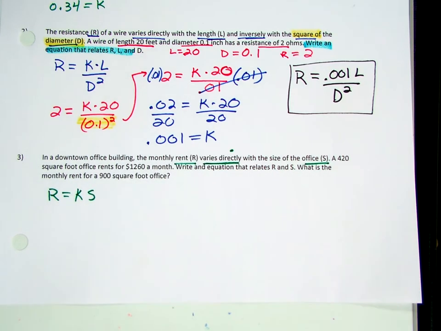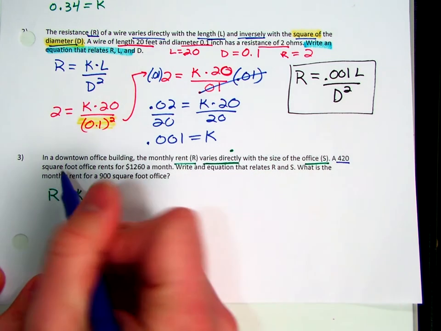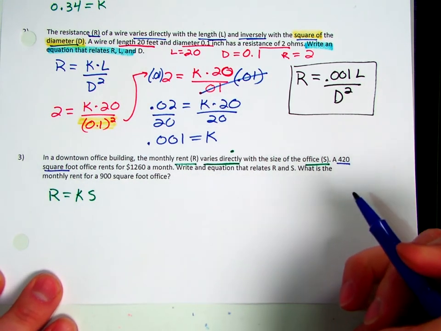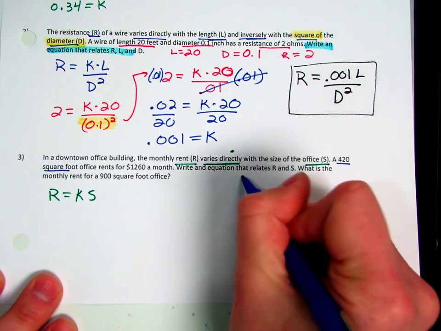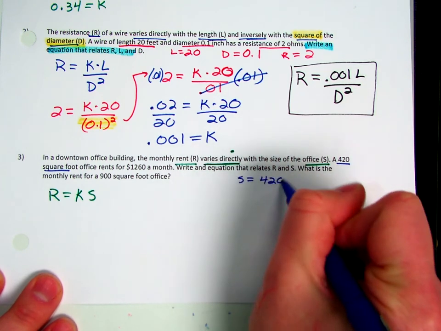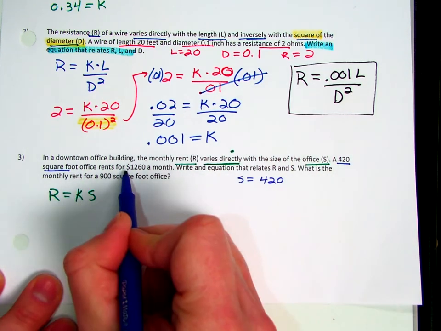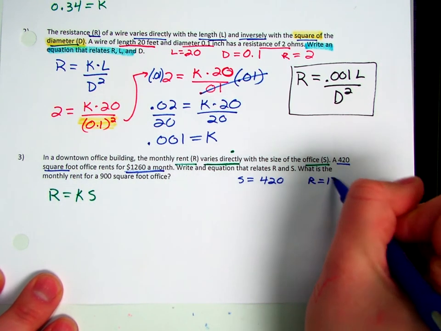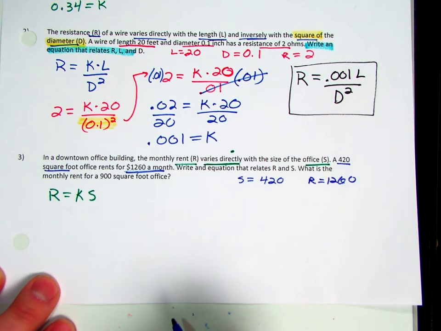As I read on, they tell me that there's a 420 square foot office. Well, that would be the size of the office, so that tells me S is 420. It rents for $1260 a month, so that tells me my rent equals 1260, so I can go ahead and substitute that information in.